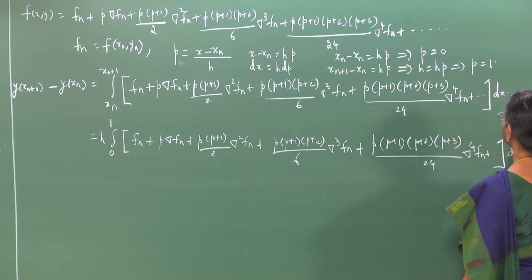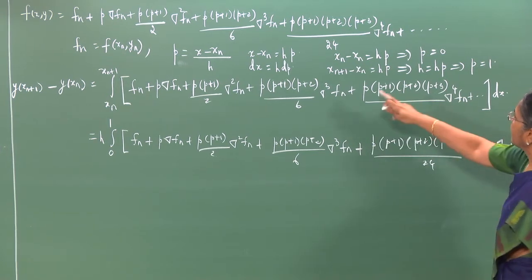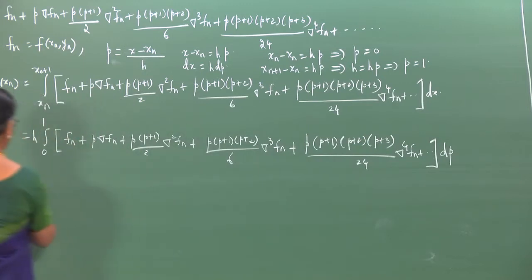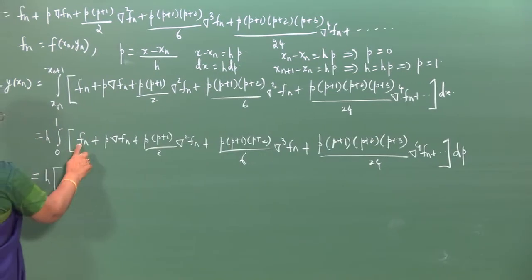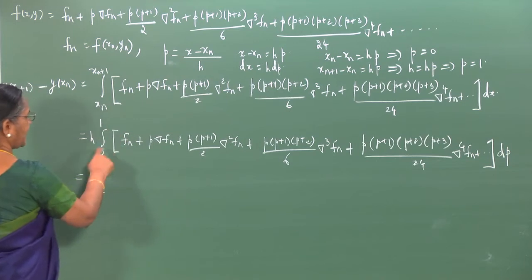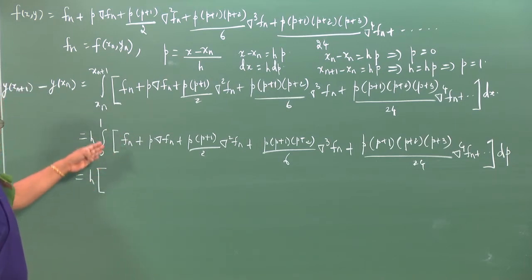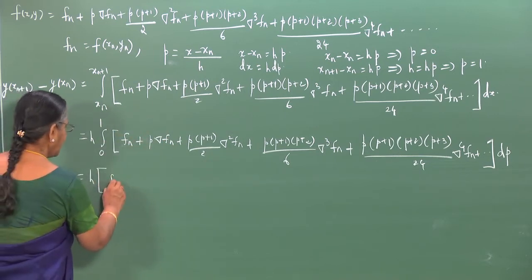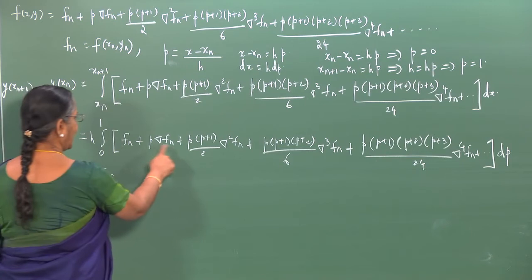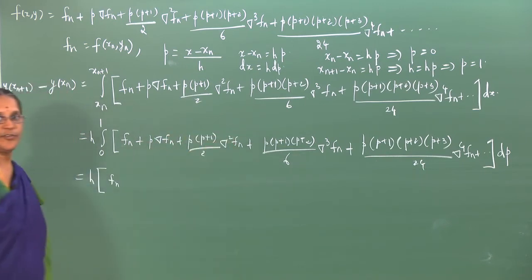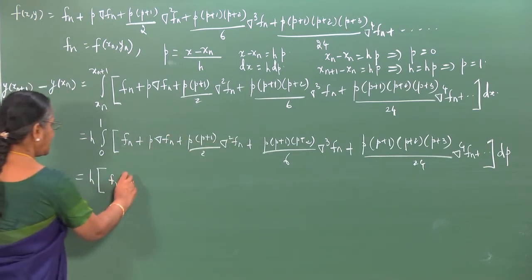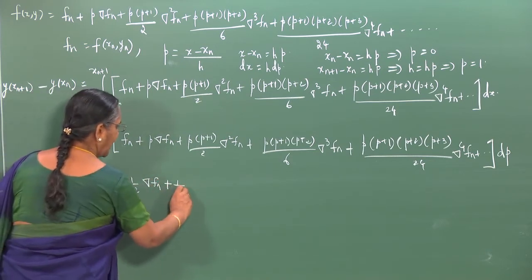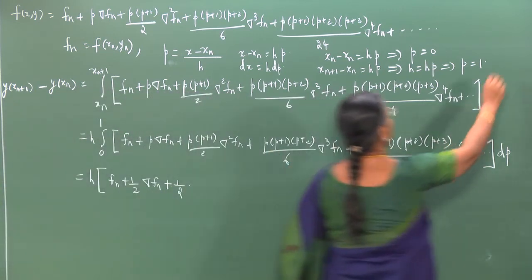Integration is now with respect to p. So, the first term will give you h into Fn dp integrated with respect to p from 0 to 1. So, it is Fn into p between 0 and 1. So, it is simply Fn. The second term p dp, so p square by 2 between 0 and 1. So, half of delta Fn, then plus half of p into p plus 1.